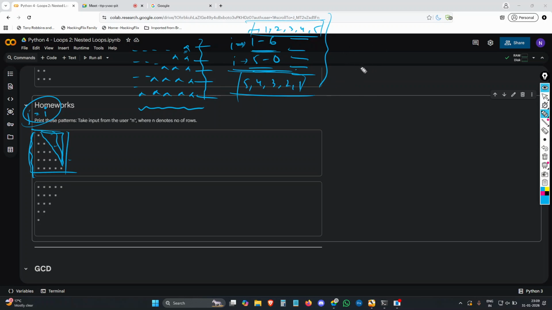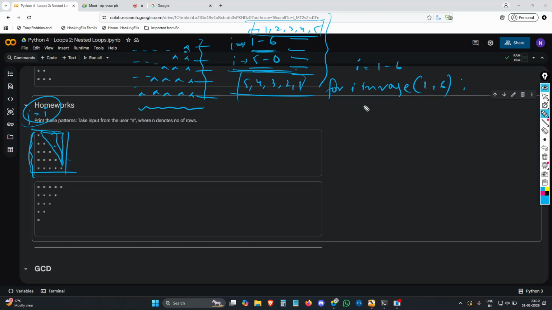So first, let's make our i from 1 to 6, right? So for i in range(1, 6). So 1 to 6 I have got.